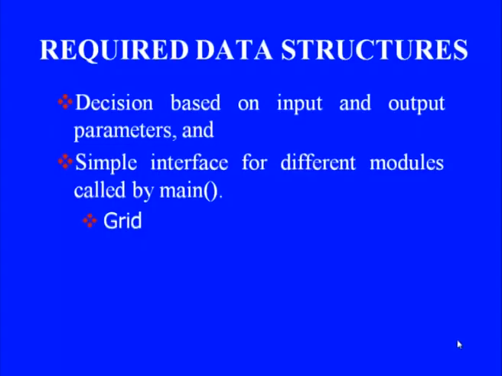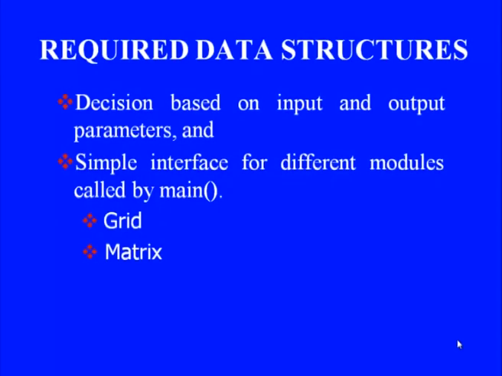We said, look, grid is the one which is going to contain all the geometric information of the grid: the endpoints, the grid spacing, the number of divisions, the number of computational nodes, and material properties, that is, thermal conductivity. Then we will introduce one more data structure which we call matrix, which should have the details about the discrete algebraic system which we get from finite difference discretization.